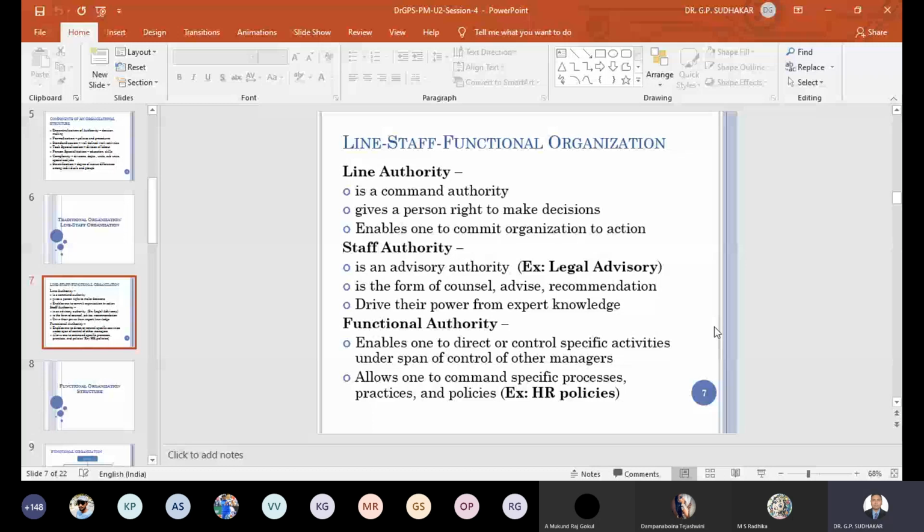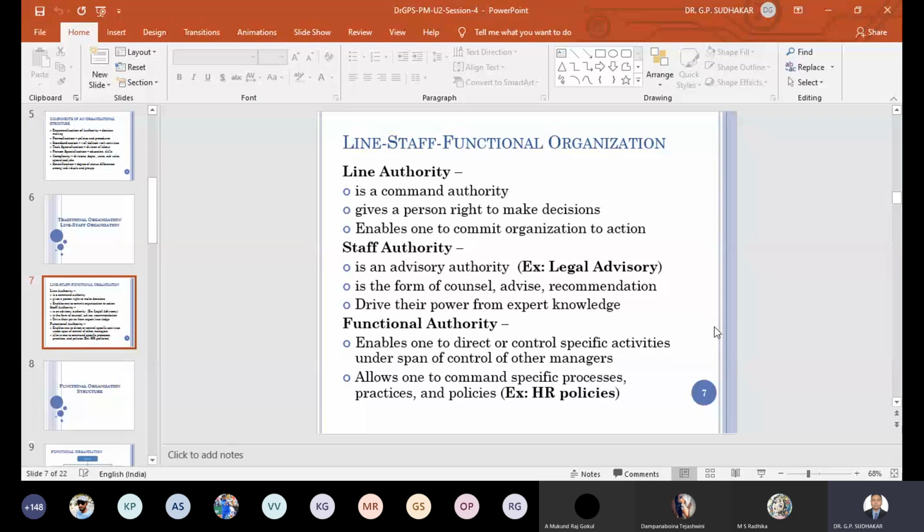They counsel, they advise, and they recommend solutions to the business organization. They gain their power through expert power. Legal advisors and auditors, something like that, right? That is the staff authority. Expert power comes through knowledge and experience.